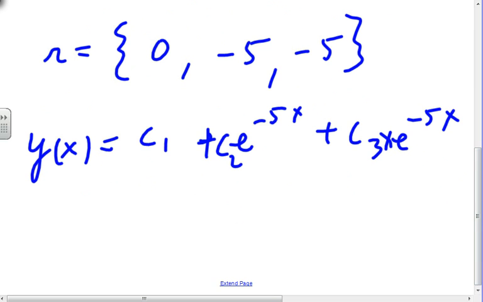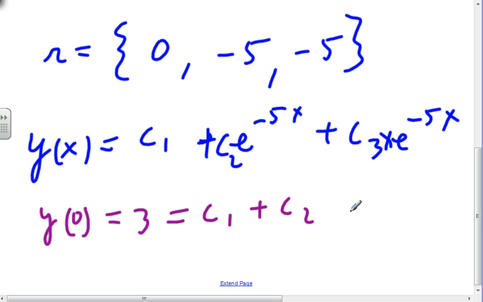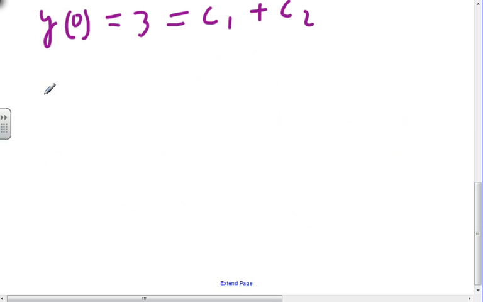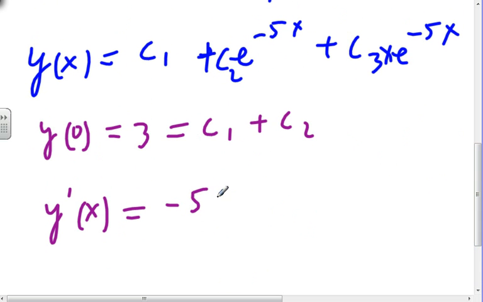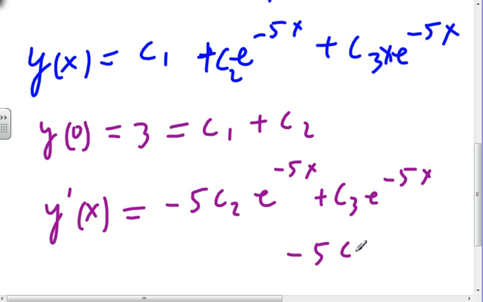I'm applying my initial conditions. Y at 0 is 3, which is c1 plus c2. That guy goes away. Y prime of x is minus 5c2 e to the minus 5x plus c3 e to the minus 5x minus 5 c3 x e to the minus 5x.